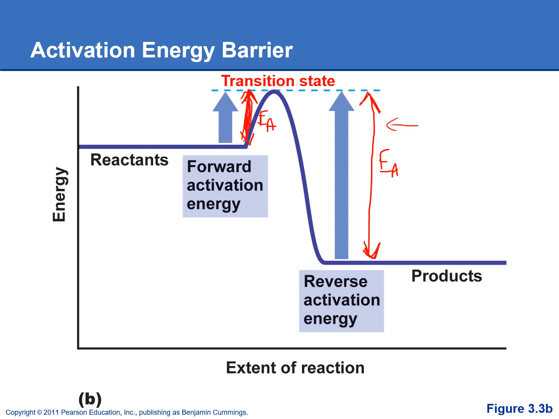So that reaction going to the left is not going to happen very fast because it takes a lot more energy to get that reaction going. So that's going to be a much more slowly happening reaction than the one going to the right.